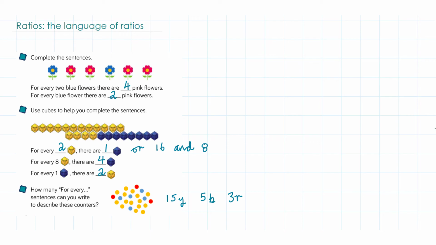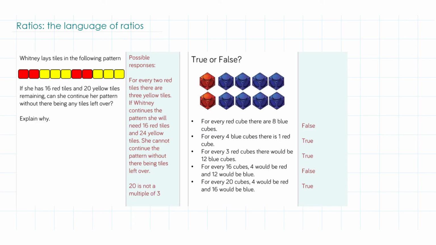And let's compare the yellows and the reds. So for every 15 yellow counters, there's 3 red counters. That's exactly the same as saying for every 5 yellow counters, there's 1 red counter. And of course, you can do the opposite way around. For every 1 red counter, there's 5 yellow counters.